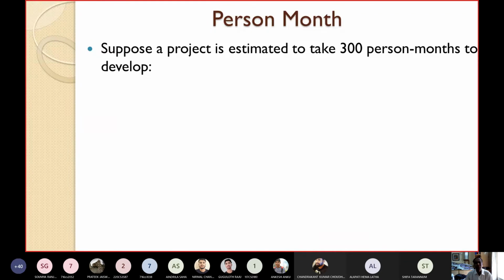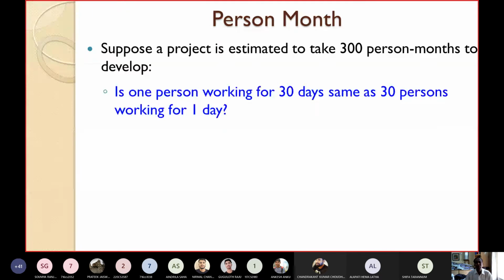Suppose a project is estimated to take 300 person months to develop. I think there's a mistake, it should be suppose 30 person months to develop something.